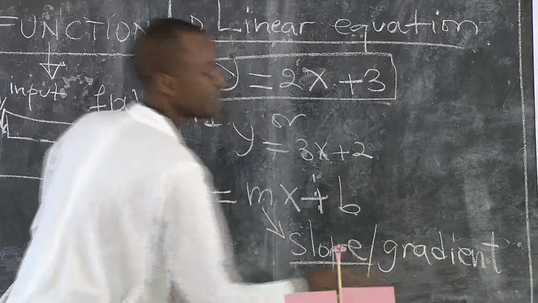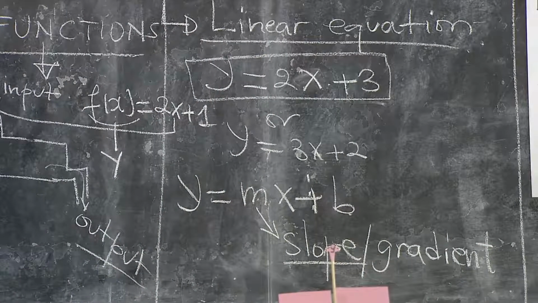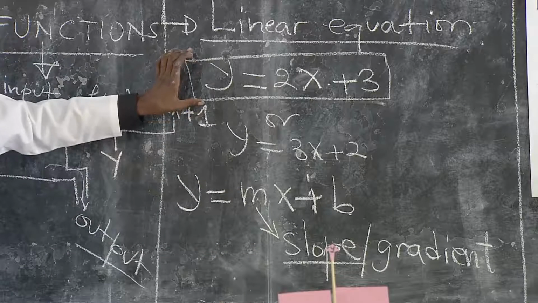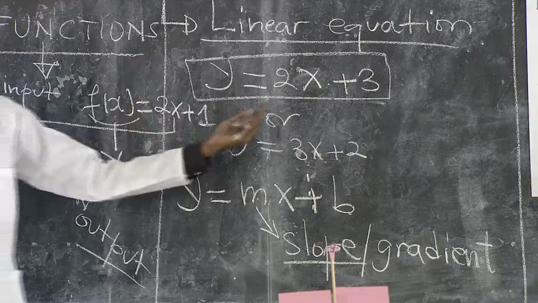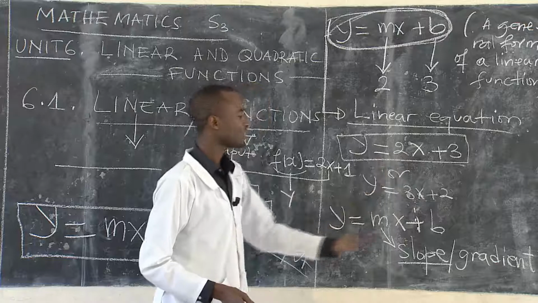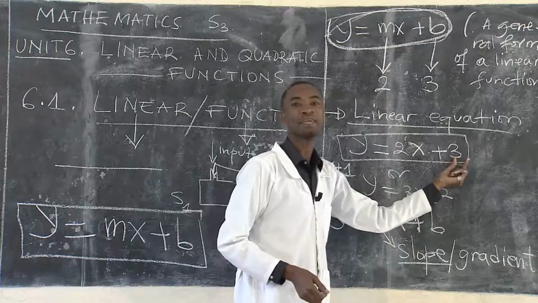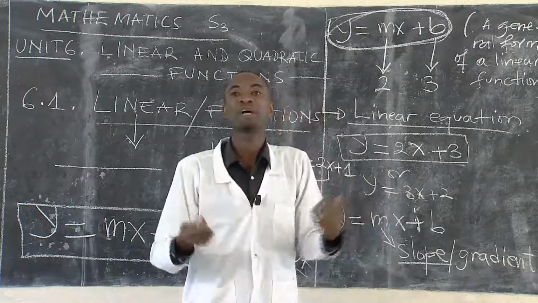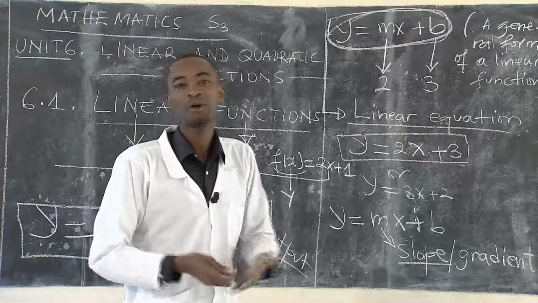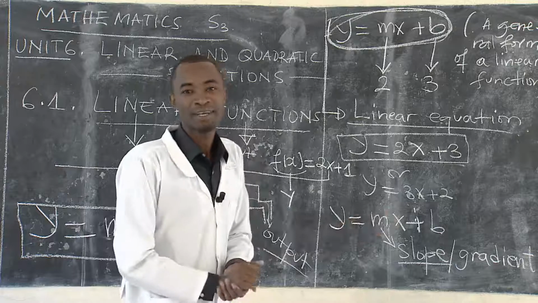It means when you go back to this linear equation, the value of m here is 2, and the value of b here is 3. From here, you can give yourself an example of a linear equation or a linear function.